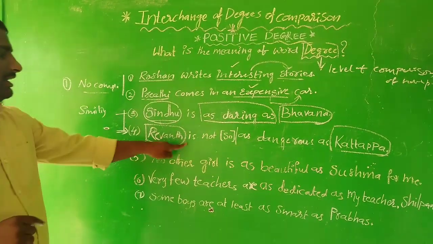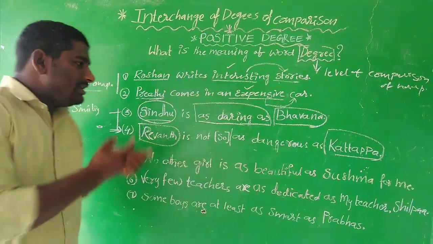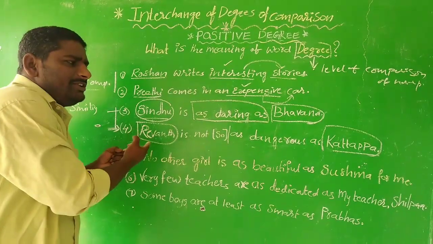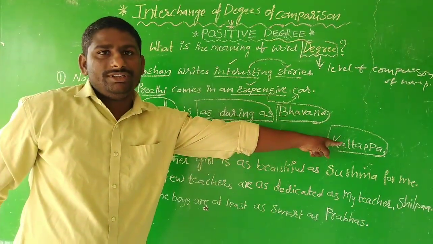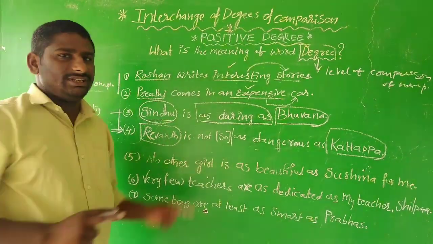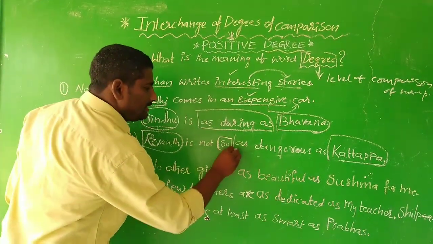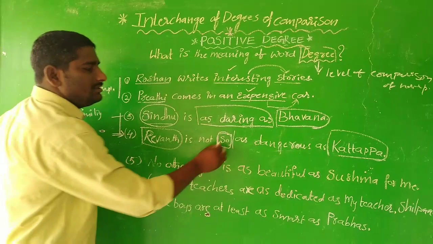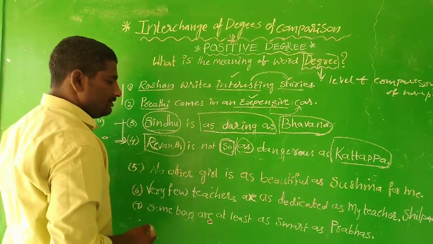He may be dangerous, but he is not greater than Katappa. Here the option so is mostly used instead of as in negative statements, and you need to remember that condition.